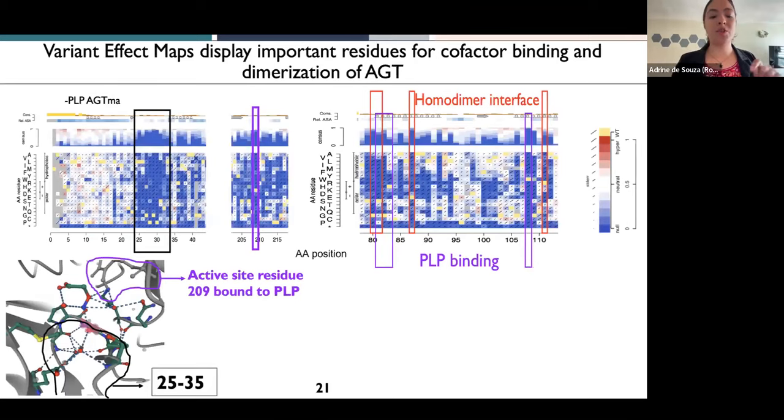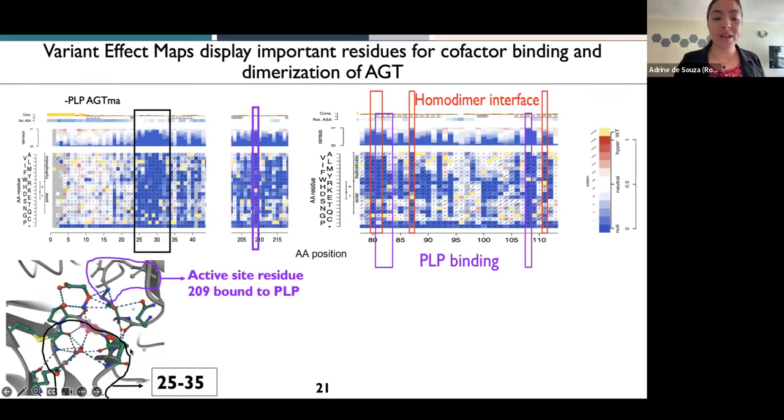So here I'm showing you, in the wild type background map without the presence of PLP, some regions that look very impactful or very intolerant to mutations. So, as an example, in this black region here, if you mutate any of these amino acids, they look very dark blue.